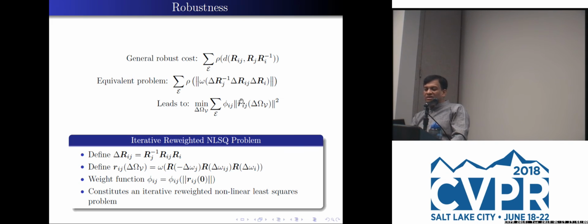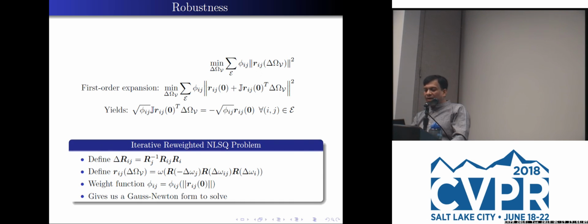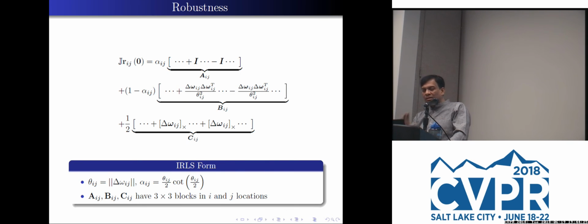And it leads to an iterative reweighted nonlinear least squares problem. And so it can look rather complicated. I won't bore you with the steps at this point, but it has a behavior of a Gauss-Newton-like form. So essentially we are doing quasi-Newton kind of steps on the Lie algebra.